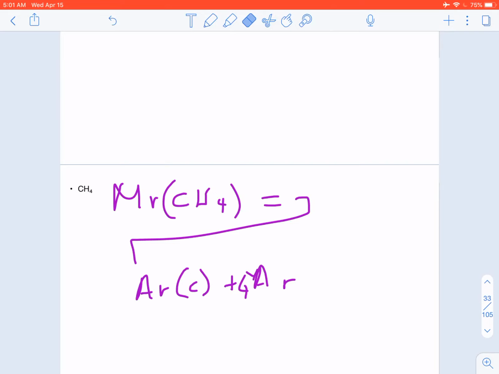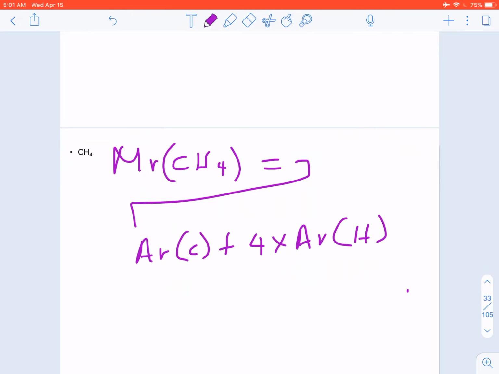This is then equal to carbon is 12 plus 4 times 1 of hydrogen, which is then 16.